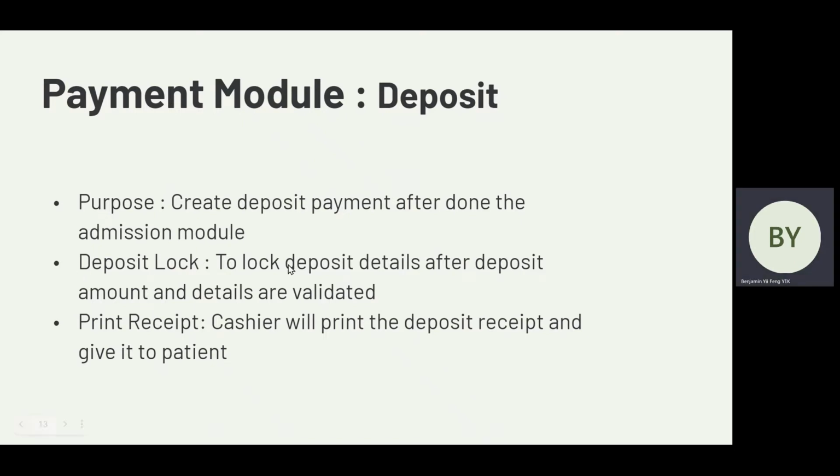It will log the deposit details after the patient has paid the deposit, and all the amounts and details are validated and saved into our system. The last step is when the deposit payment is made, the cashier will print the deposit receipt and give it to the patient. That means the patient has paid the deposit and can go into the hospital to proceed with the bill.